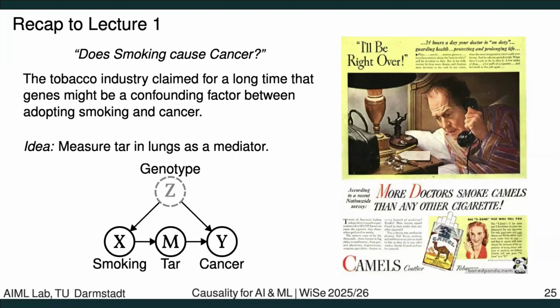But for example, you could say, well, I'm not really sure. Okay, we can sequence all the genes by now, but maybe we are not sure we really understand how things work, and maybe we treat them as unobserved, or we don't know the effects exactly. But maybe we can measure the depositing of tar in the lungs. And now we have an intermediate factor which we can measure.